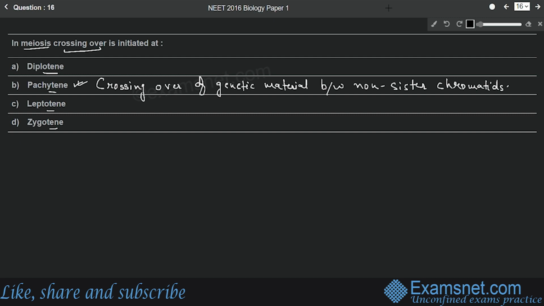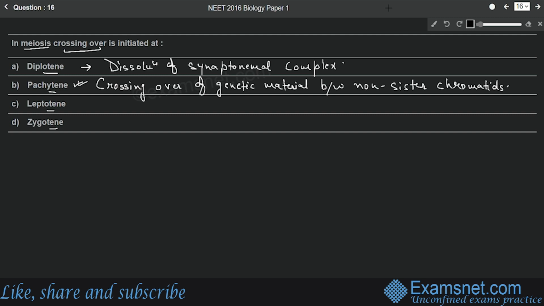What happens in case of diplotene? In this stage, synaptonemal complex is dissolved. So dissolution of synaptonemal complex takes place. And when is this synaptonemal complex formed?